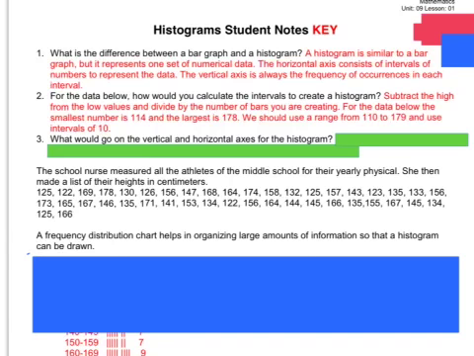Excuse me, the smallest number should be 122 and the largest number is 178. So, because there are 56 in there and we would like to create 6 bars, our interval should be about 10, and we should start from about 120 and go to about 179.